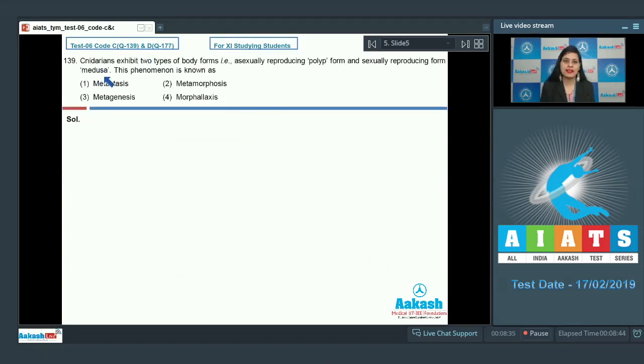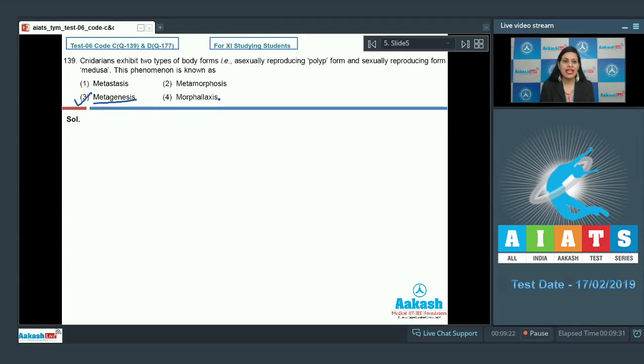Question number 139. Cnidarians exhibit two types of body forms, that is asexually reproducing polyp form and sexually reproducing form medusa. This phenomenon is known as, and the options are metastasis, metamorphosis, metagenesis, and morphallaxis. And the correct answer to this question is option number 3, metagenesis.